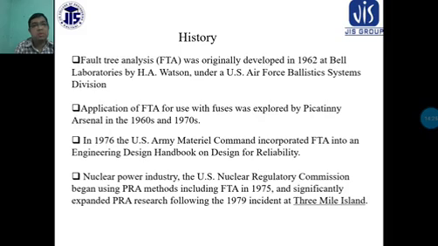And applications of fault tree analysis for use with fuses were explored by Picatinny Arsenal in the 1960s and 1970s.